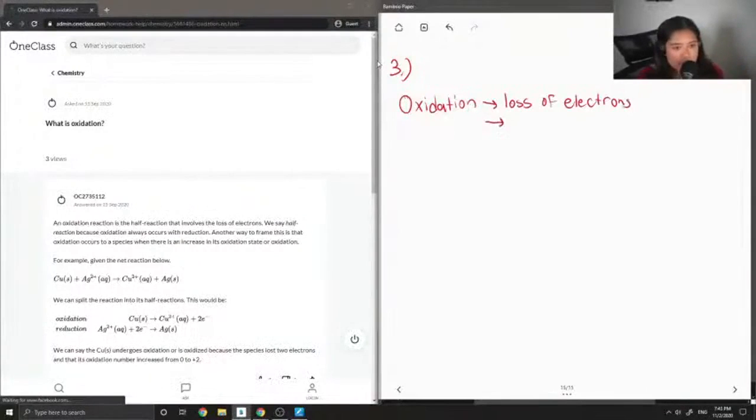It's also when you have an oxidation reaction, and the oxidation number of the element or the compound will increase.